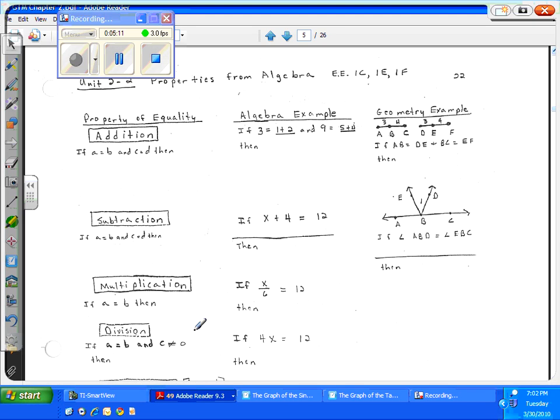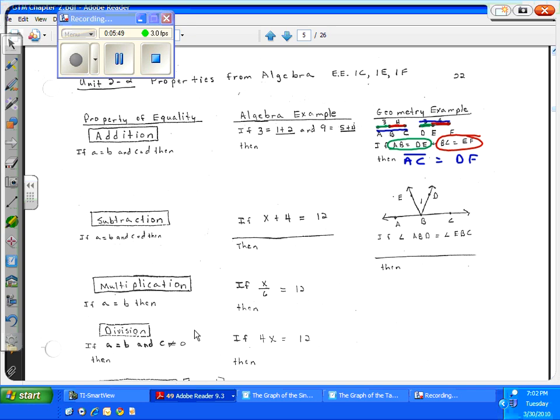Example, if this little segment here, AB, is equal to this little segment, DE, that's this given statement, and this little segment, BC, is equal to this little segment, EF, then the sum of these two, which is AC by segment addition, is equal to the sum of these two, DF by segment addition.